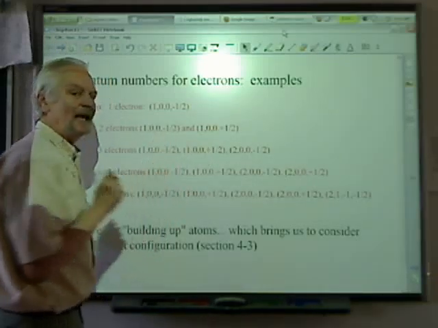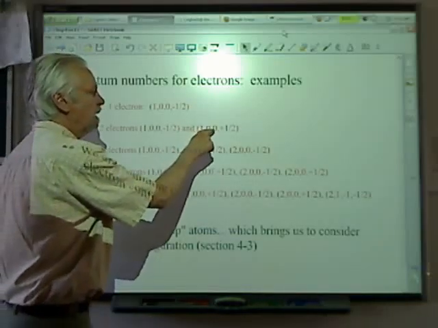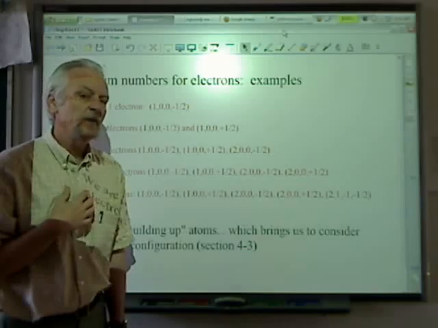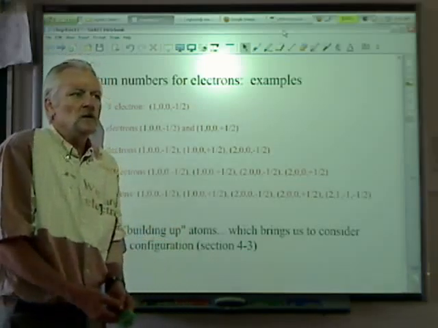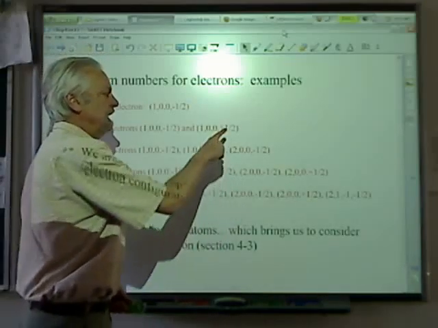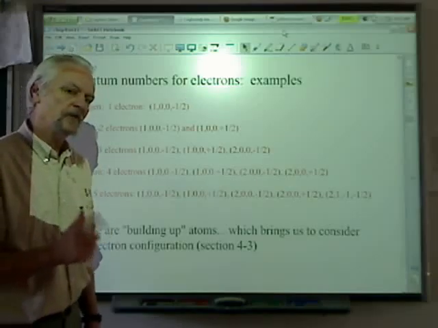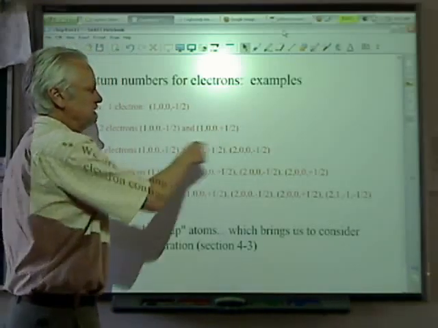It's still going to be in that s orbital with an angular momentum quantum number of 0. It is still, of course, going to have a magnetic quantum number of 0, since, again, no different orientations are possible for a sphere. And it's going to have the spin quantum number, if you remember from the last video, of +1/2 to correspond to its opposite spin.